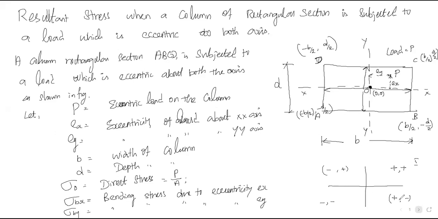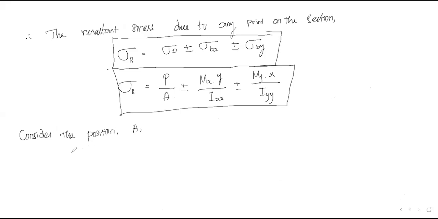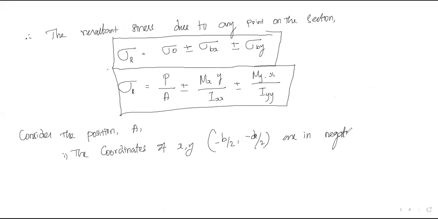Okay, so consider the position A, the coordinates of x comma y, that is minus b by 2 comma minus d by 2, are negative, therefore sigma r value will be minimum.